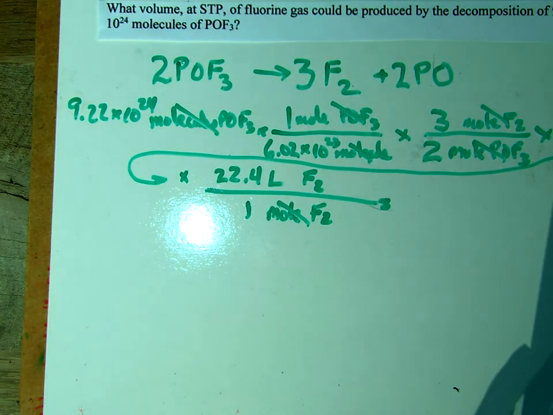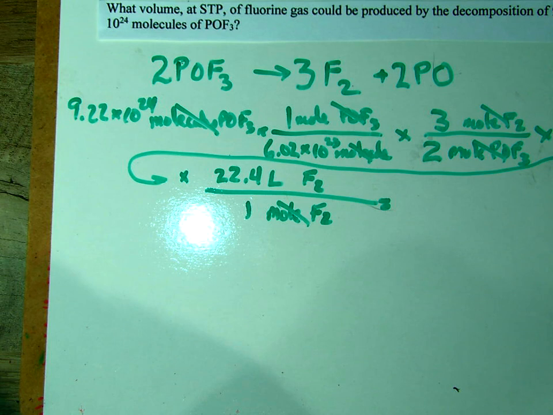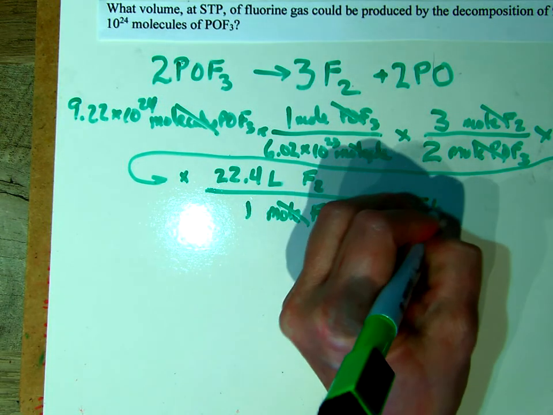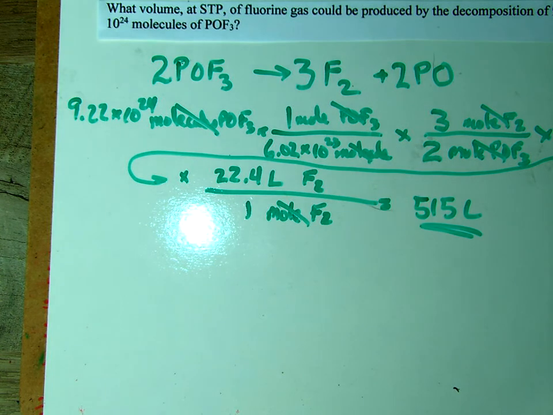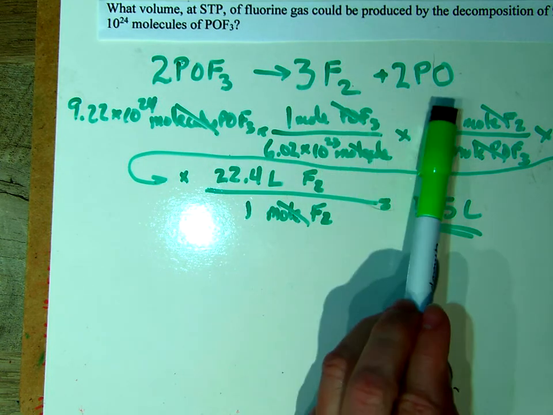So we've got 9.22 times 10 to the 24th times 3 times 22.4 divided by 6.02 times 10 to the 23rd divided by 2. And when we get this all done, we get 515 liters.